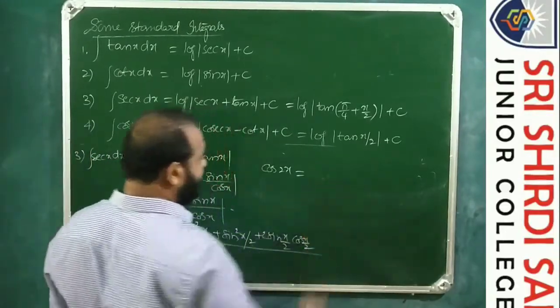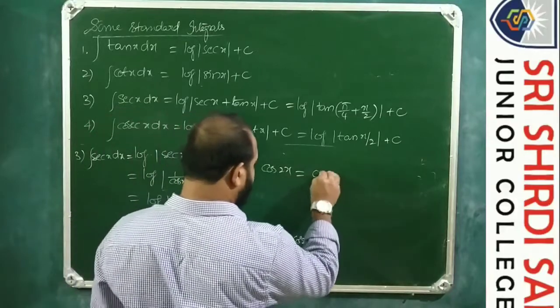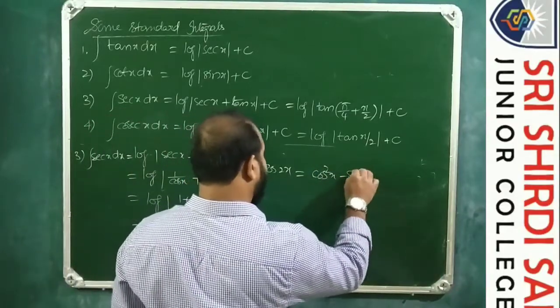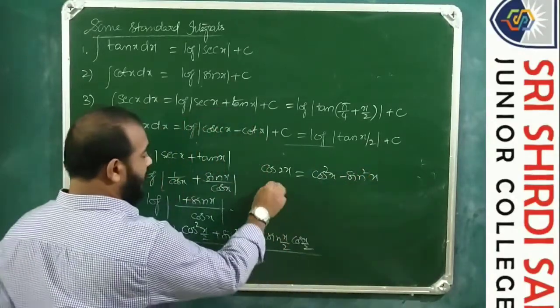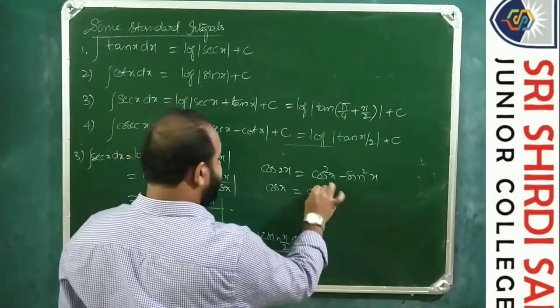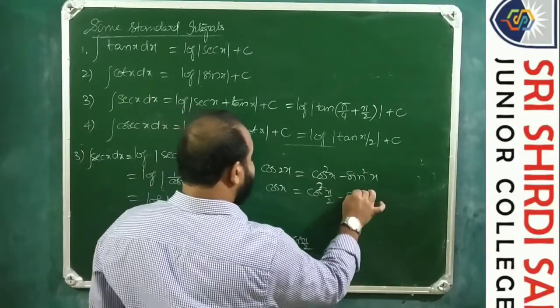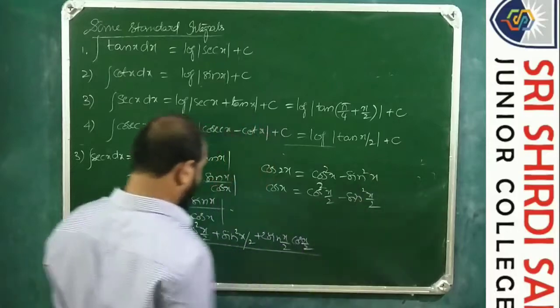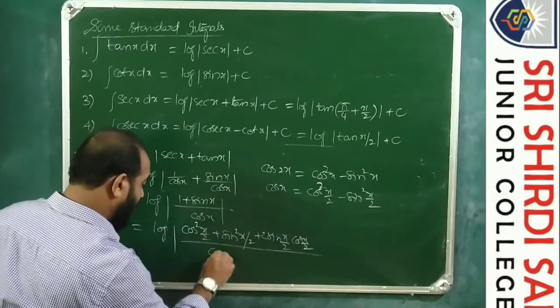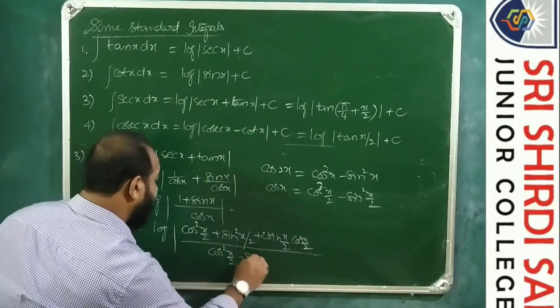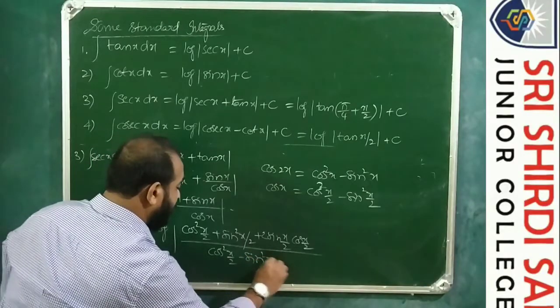Cos 2x has many formulae, among them cos square x minus sin square x. So cos x is cos square x by 2 minus sin square x by 2.